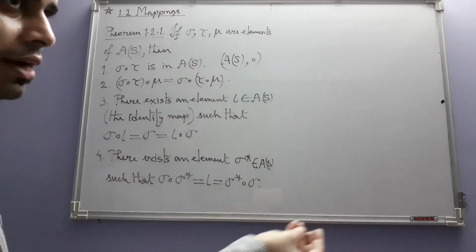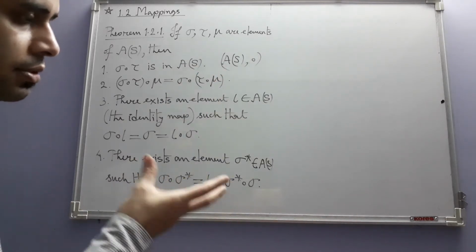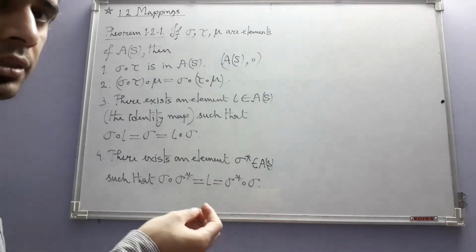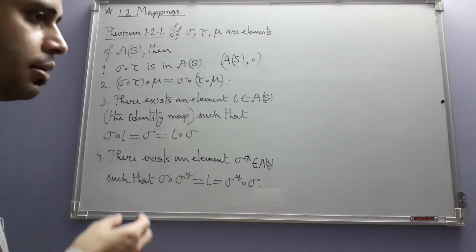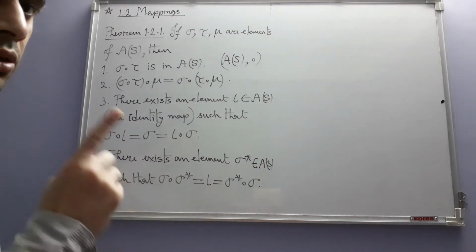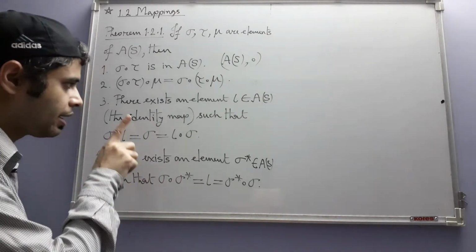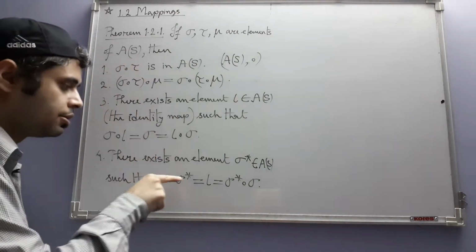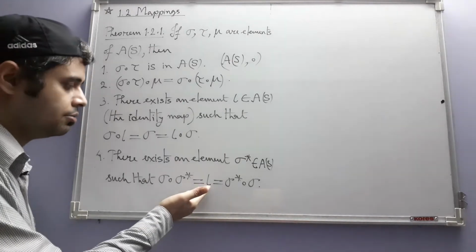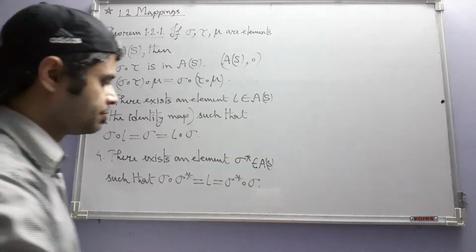Associated to sigma we have a mapping mu such that sigma composition mu is the identity on S and mu composition sigma is the identity on T. But here, since we have only one set S, we have just one identity, which is iota.